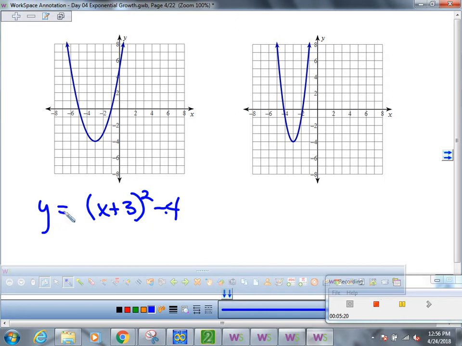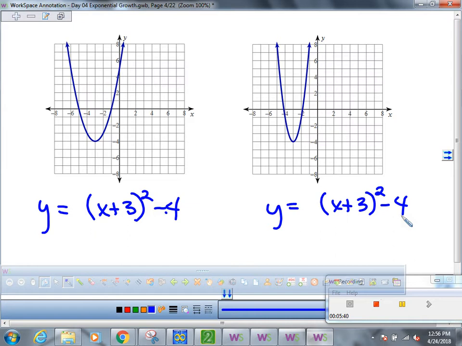What about the last one? It's stretching as well. I believe it's the same transformation, right? It's translated to the left. So it's translated x plus 3 squared and down 4.